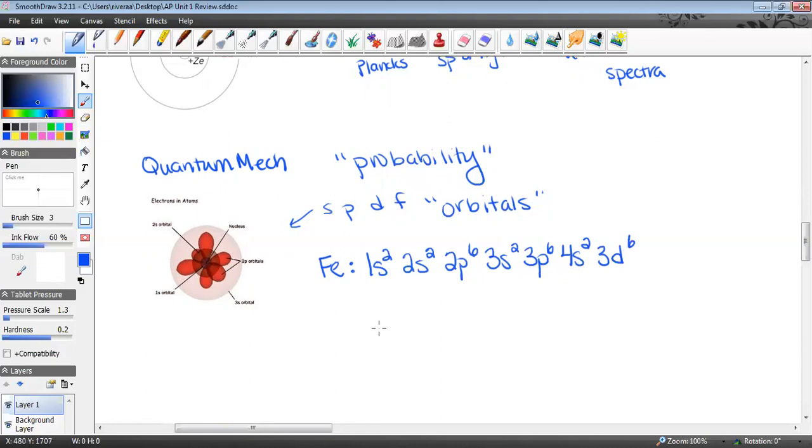You also want to be able to draw an orbital diagram. So 1s, showing the spin of our electrons, remember? 2s, 3 spaces for my px, py, and pz. Remember, we spread the electrons out before pairing them up.